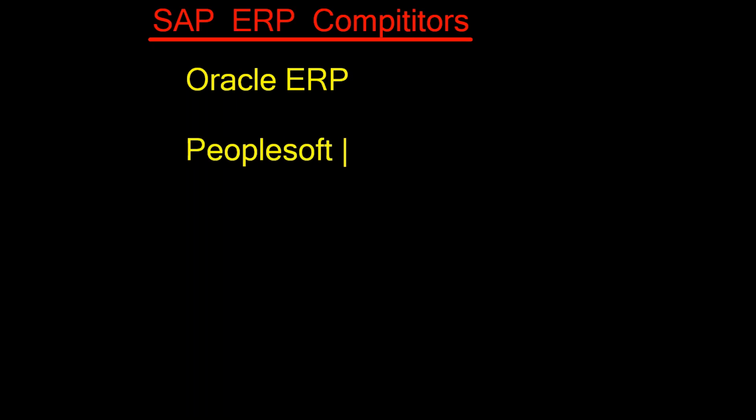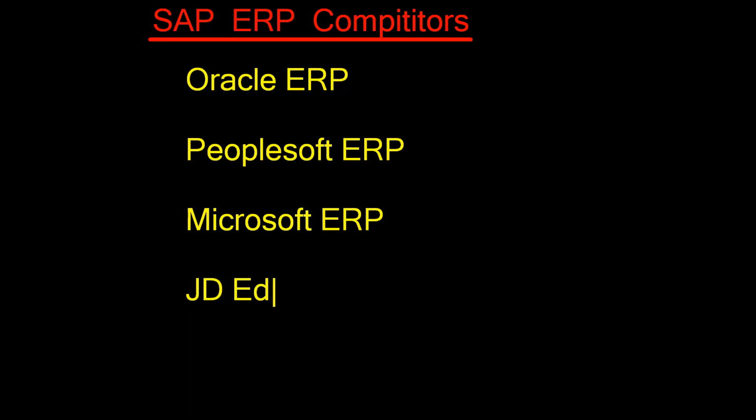PeopleSoft ERP is one of the competitors. Microsoft ERP is one of the competitors. JD Edwards is also one of the competitors. And Tally ERP is also one of the competitors. See here, these are the SAP ERP competitors.